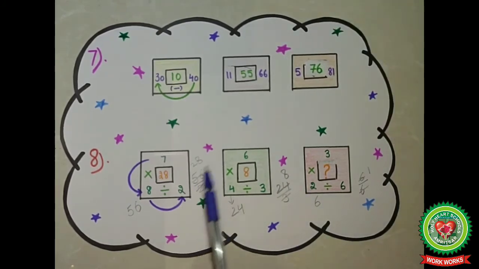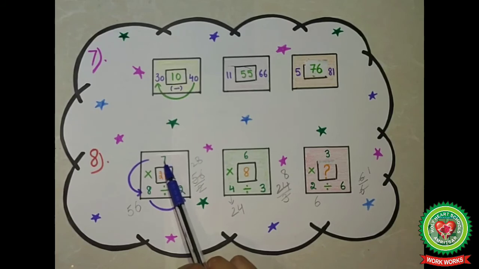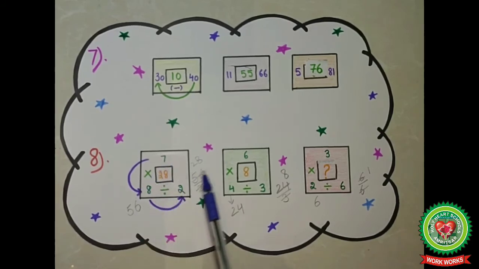Next example, 7, 8, 2. So students, 7 multiplied by 8 is 56. If I divide 56 by 2, the answer is 28.